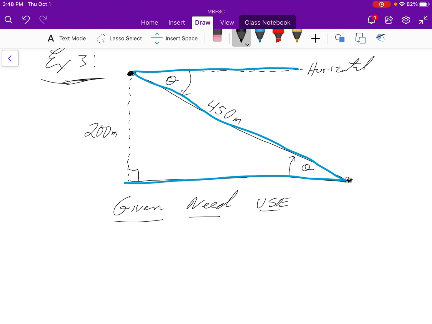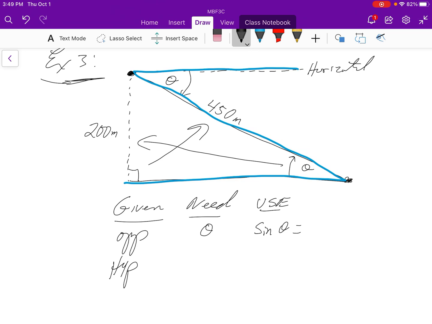It's all based on the angle. Now in this case, we need the angle. We don't have it. We know that opposite the angle is what's given to us as the 200. We're also given the side length opposite the right angle, which we know to be the hypotenuse. So when we look at the three trig ratios, we figure out which one uses the angle, the opposite, and the hypotenuse.